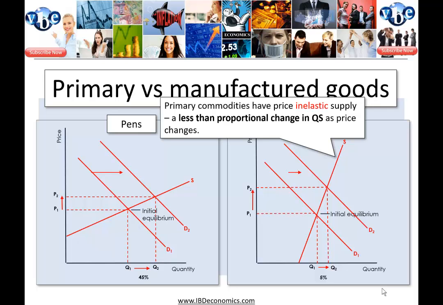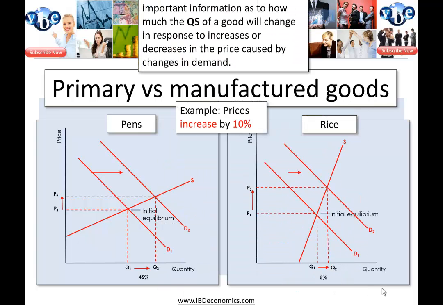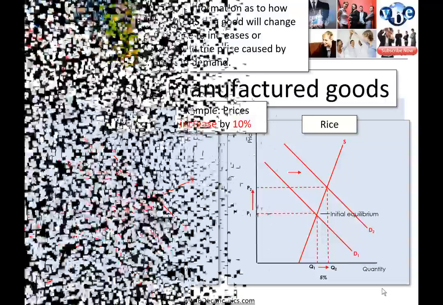So the price change will be larger than the change in quantity supplied. Primary commodities have price inelastic supply, thus a less than proportional change in quantity supplied as price changes. And this provides us with important information as to how much the quantity supplied of a good will change in response to increases or decreases in price caused by changes in demand.